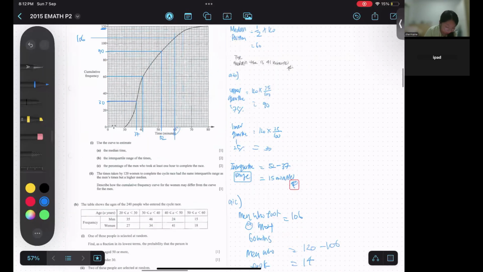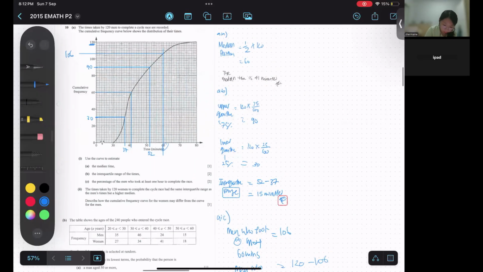So for 10A part 2, the times taken by 120 women to complete the same cycle race has the same interquartile range as the men, but at a higher median. Describe how the cumulative frequency curve for the women may differ from the men.